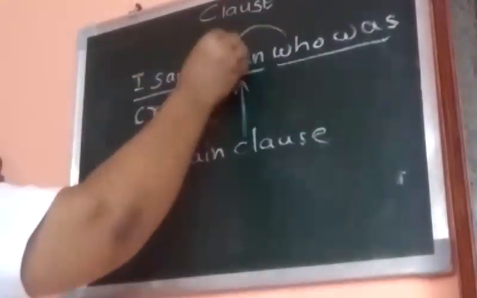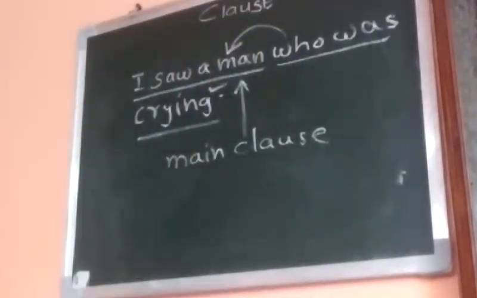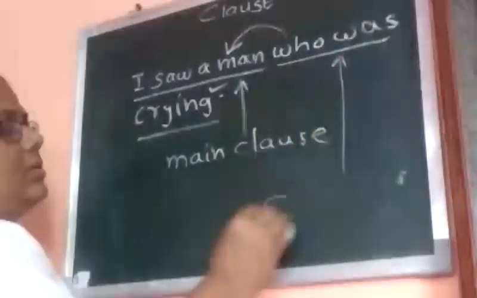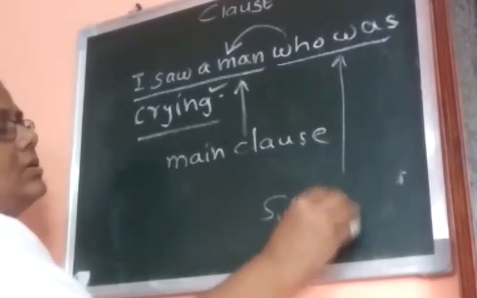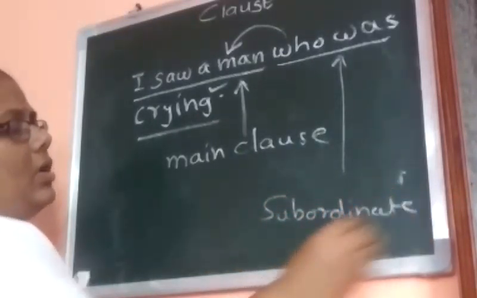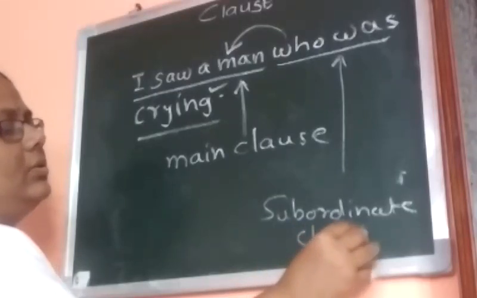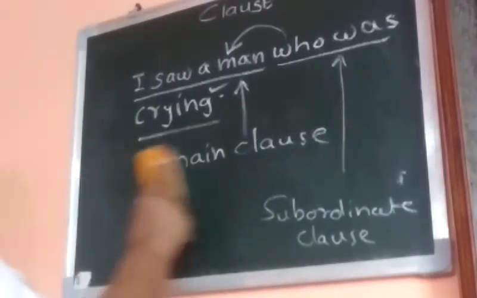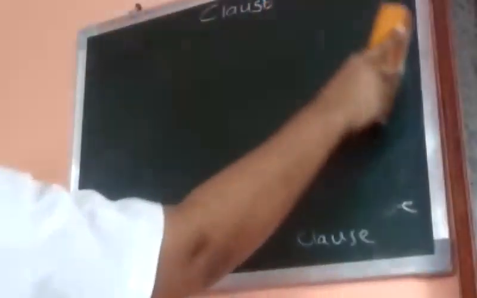It depends on the main clause to give a complete meaning. Such a clause is called a subordinate clause, or dependent clause. Main clause or independent clause is a clause which expresses a complete meaning; it alone can stand as a sentence.